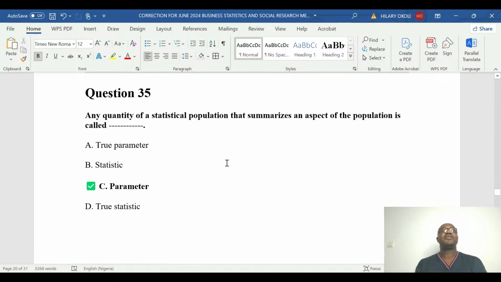Any quantity of a statistical population that summarizes an aspect of that population is called a parameter.